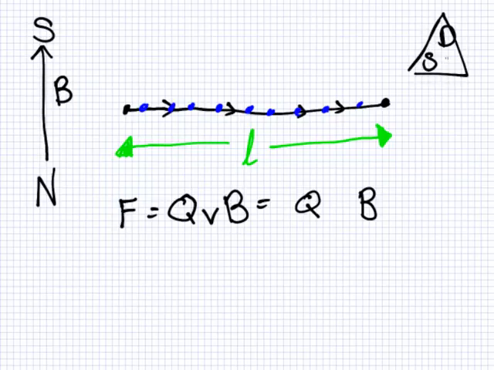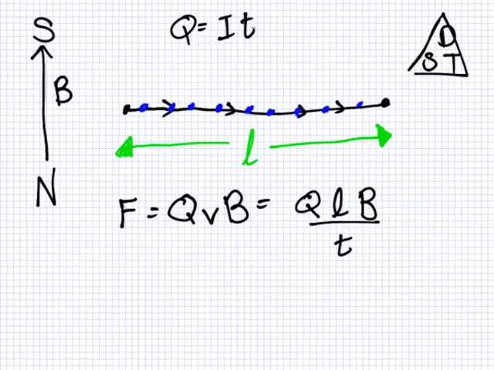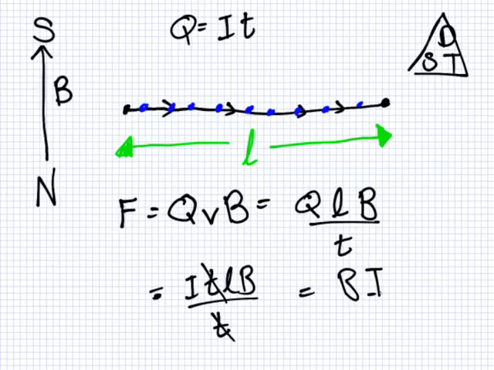Distance, speed, time. So speed is distance over time, that's L over T. But you also have to remember that Q equals I T. So then this becomes I T L B over T. And they cancel. So you get B I L.